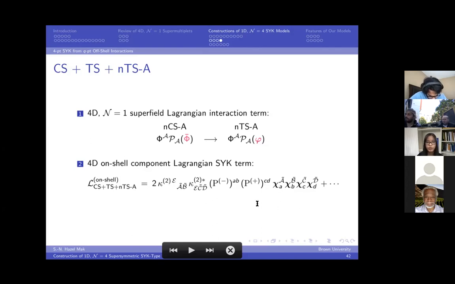Of course, when you are offshore, all of these other terms are different. But if we just take out the SYK term and compare, the form is totally the same, but its fermions are replaced by the ones from tensor supermultiplets.